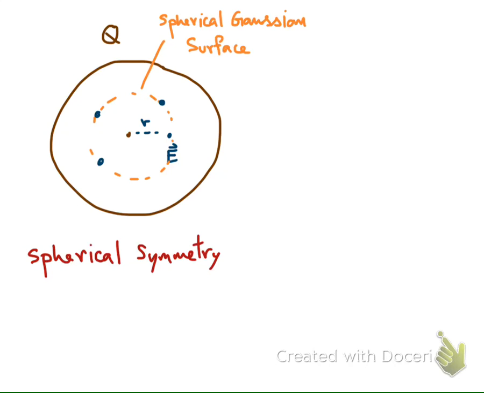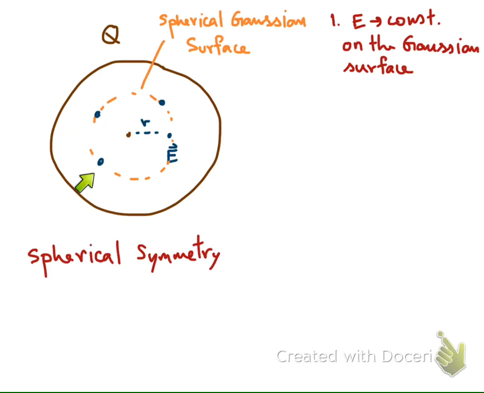First, the magnitude of E should be a constant on the Gaussian surface. If you are at this point, or this point, or this point, you should see the same electric field. This is because of the symmetry.